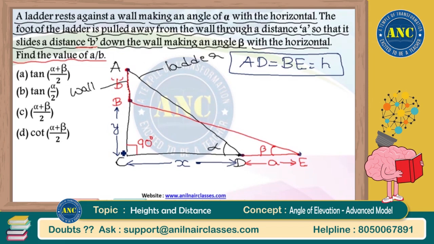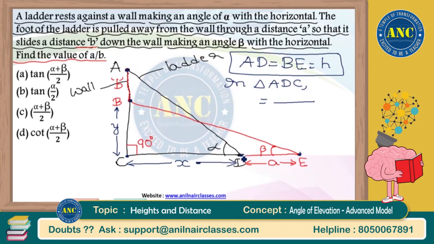Now, see here. There are two right angled triangles as you can see. One of the right angled triangles is triangle ADC. This is my first right angle triangle. Another right angle triangle is triangle BCE. This is my other right angle triangle. Now, if I take the first right angle triangle ADC, what is known for me?